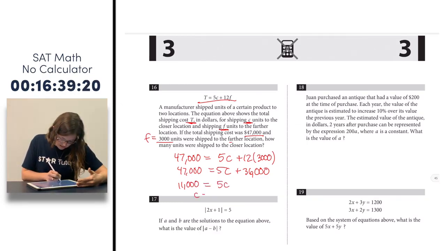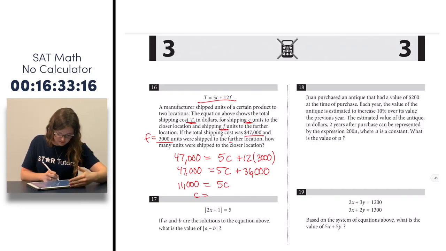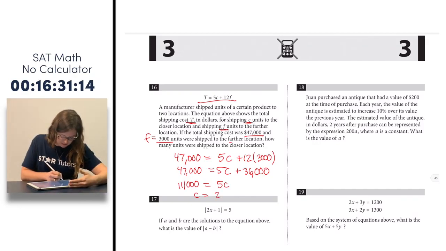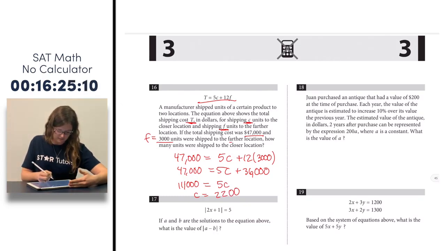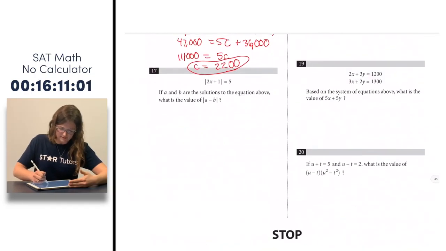So that means C is equal to 11,000 divided by 5. 5 goes into 11 twice. 1 remainder goes in twice. And then 0, 0. Is that right? That feels wrong. 5 goes in twice, 10, 1 remainder goes in twice, 0, yeah, no, that sounds right. Okay, I think it's 2,200. Maybe I'll come back and check that math after if I have a second.